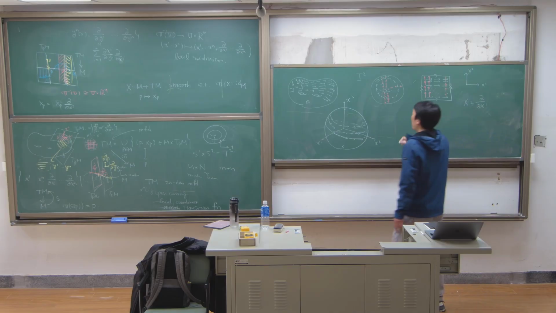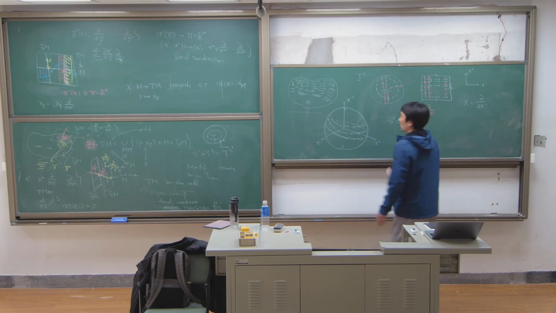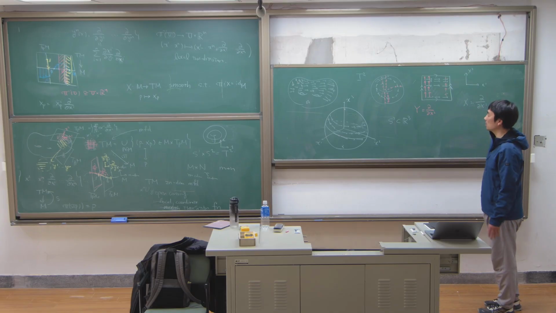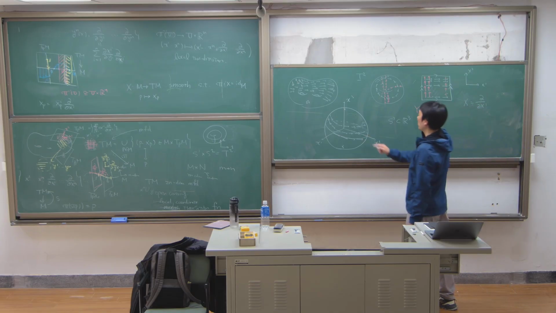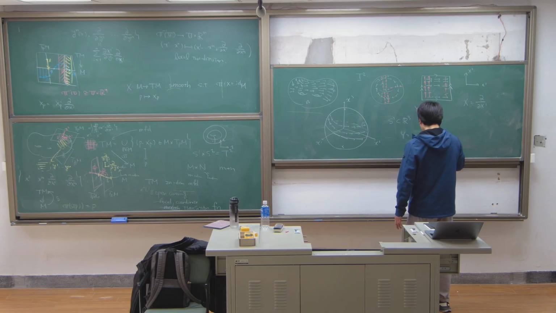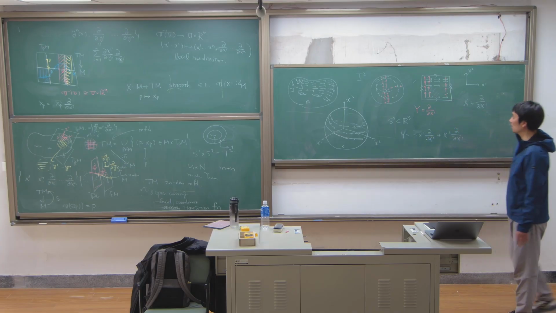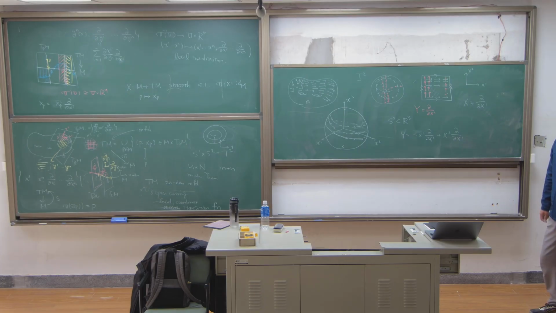And if you embed S2 inside R3, this vector field can be written this way: minus x1 x2 plus like this. Can you see that?